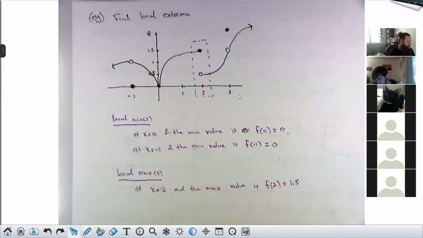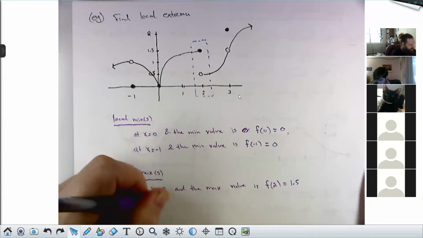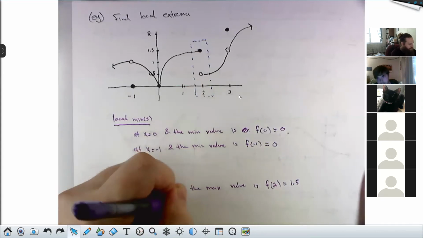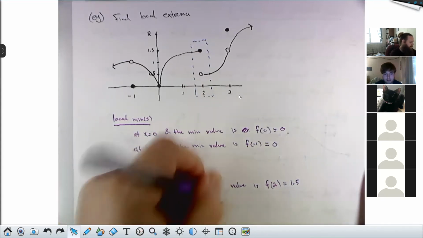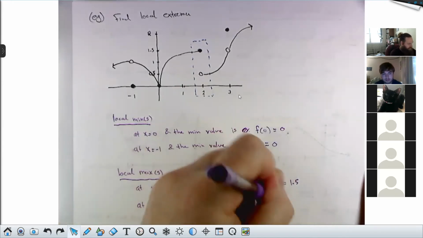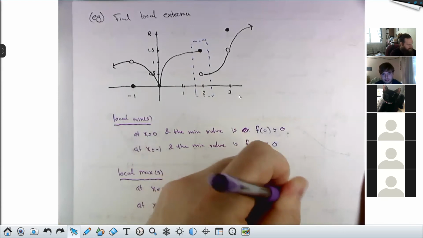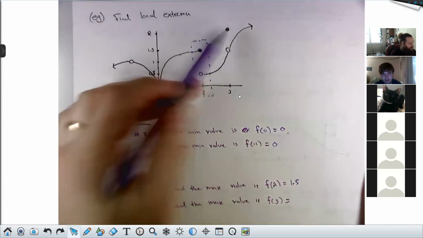So that's a local max. And then not coming from this, coming from this. So the y value up there is 2.